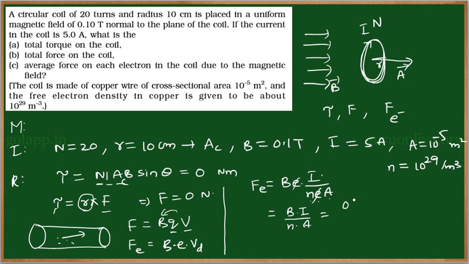B is equal to 0.1, I is equal to 5, divided by 10 to the power of 29 into A, which is 10 to the power of minus 5. So 10 to the power of minus 5 times 10 to the power of 29 gives 10 to the power of 24 in the denominator, which becomes 10 to the power of minus 24, and multiplying with 0.1 and 5, you get 5 into 10 to the power of minus 25 newtons.